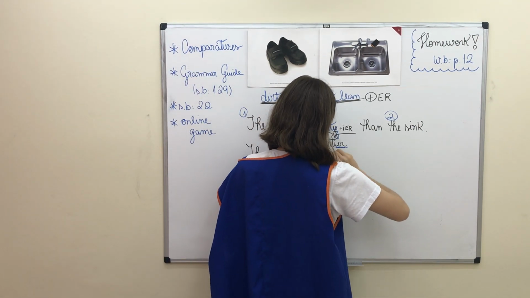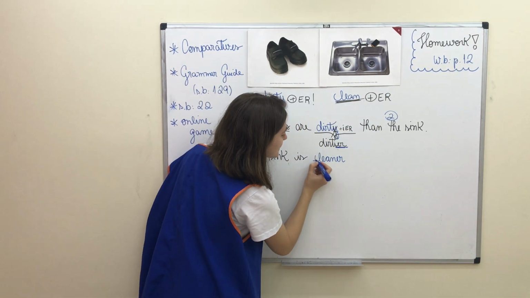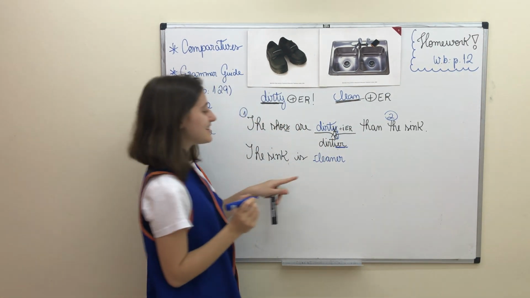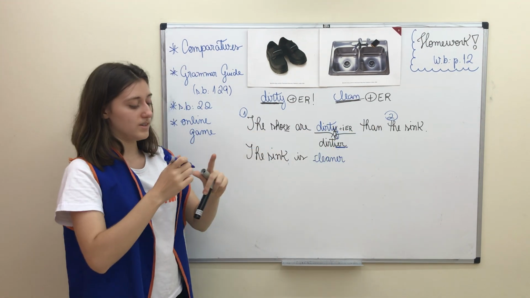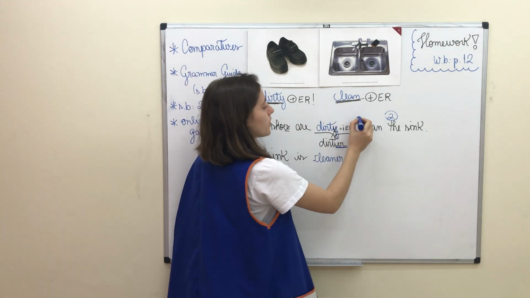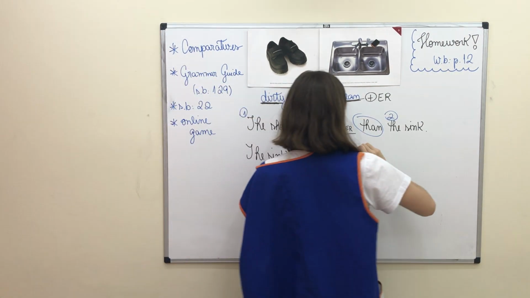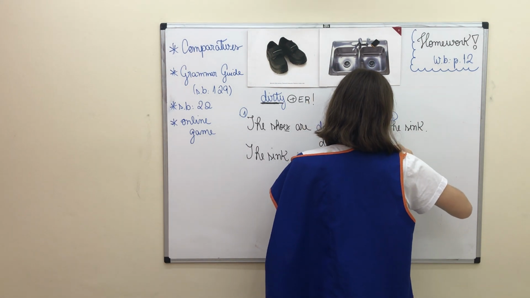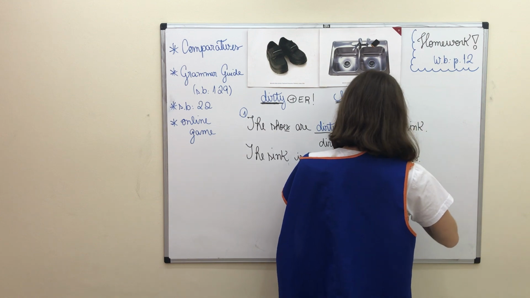Cleaner. This is a C. The sink is cleaner, okay, than always. We always use this word when we are comparing two things. So the sink is cleaner than the shoes, which is my second thing to compare here.